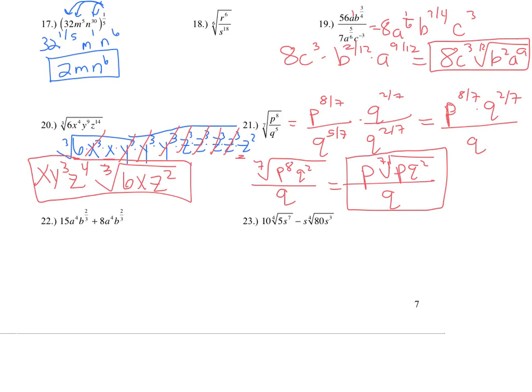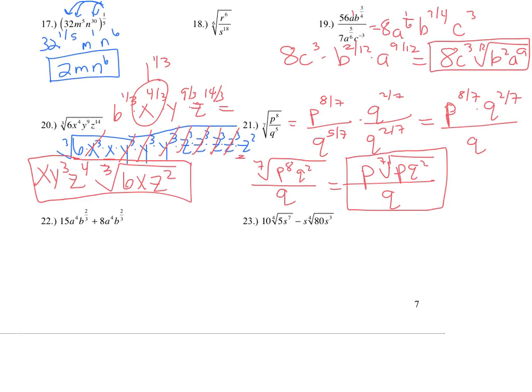Another way to think of this, you could have turned them into fractional exponents, so 6 to the 1/3 times x to the 4/3 times y to the 9/3 times z to the 14/3. Well, then you're just dividing. So 4/3 is 1 and 1/3, meaning 1x could go out.